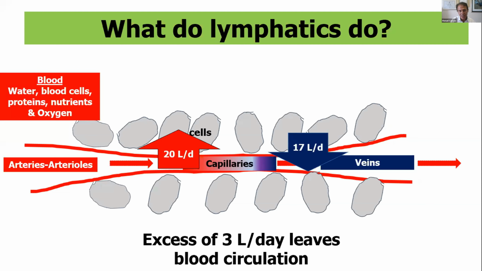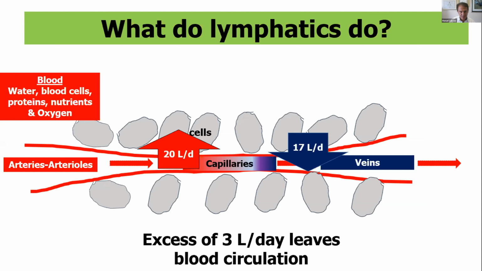So every day, 20 liters leaves our capillaries, but 17 liters returns back into our capillaries, which means that every day we lose about 3 liters from our blood. So, of course, we only have 5 liters. So if you lost 3 liters, you would only be left with 2. Well, that does not happen because all of this every day is being returned, and it's going to be returned back into our circulation through our lymphatics, which I will show in a second.